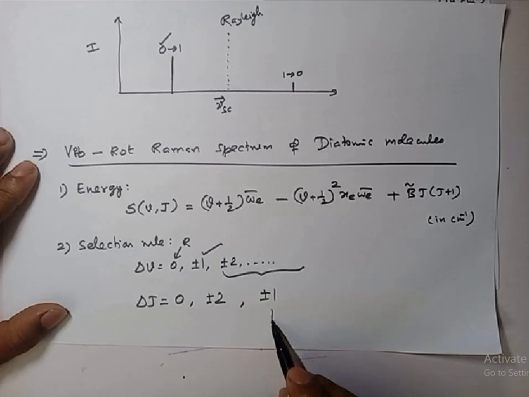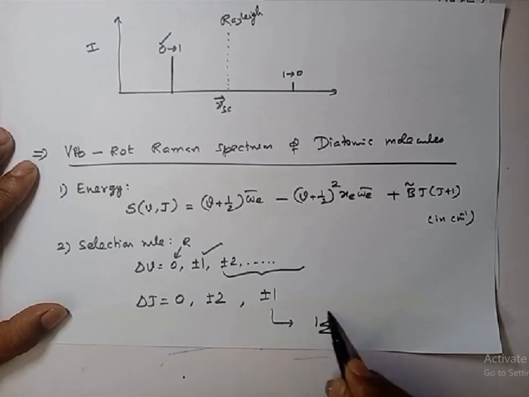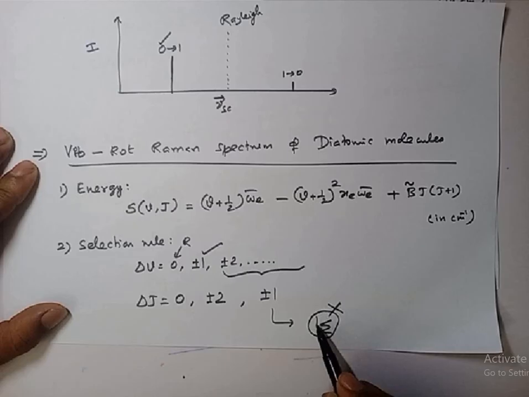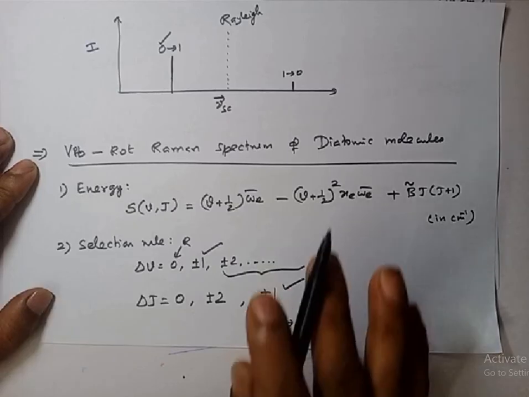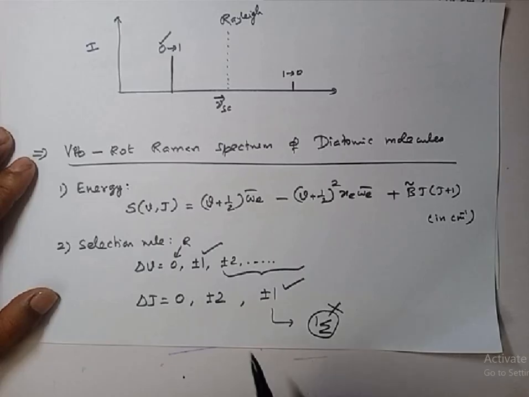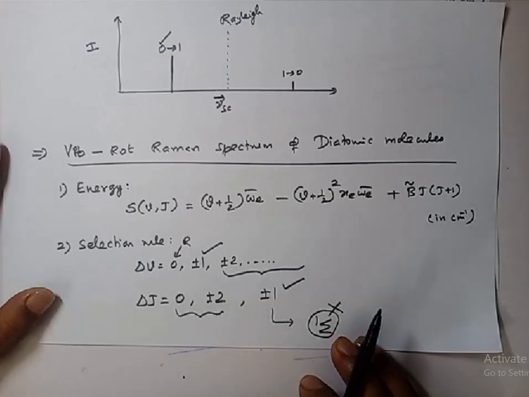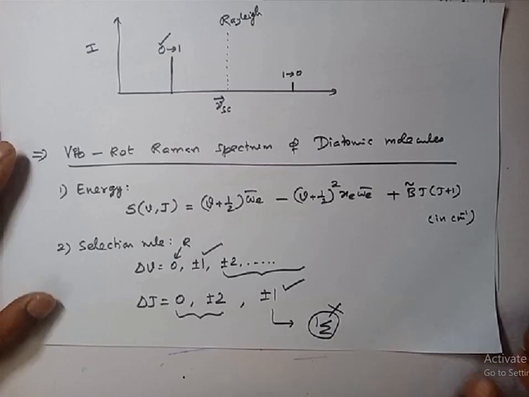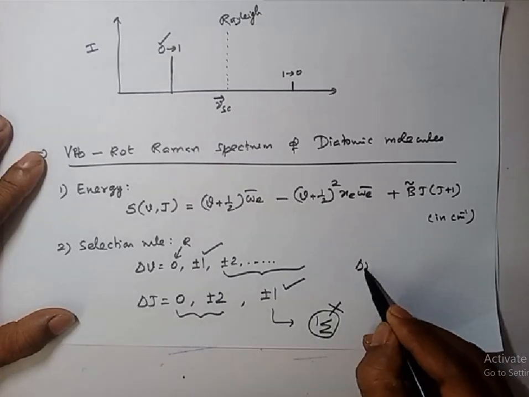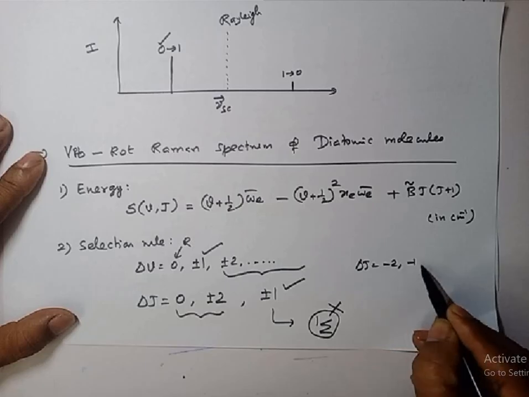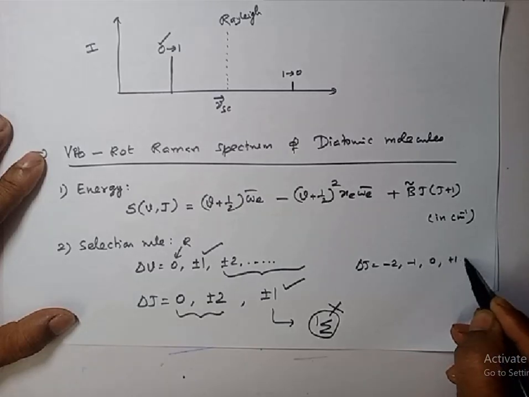If the electronic state is not singlet sigma, then ΔJ = ±1 becomes allowed. Otherwise, only ΔJ = 0 and ±2 are allowed. Listen carefully. I have told you already: ΔJ = −2, −1, 0, +1, +2.